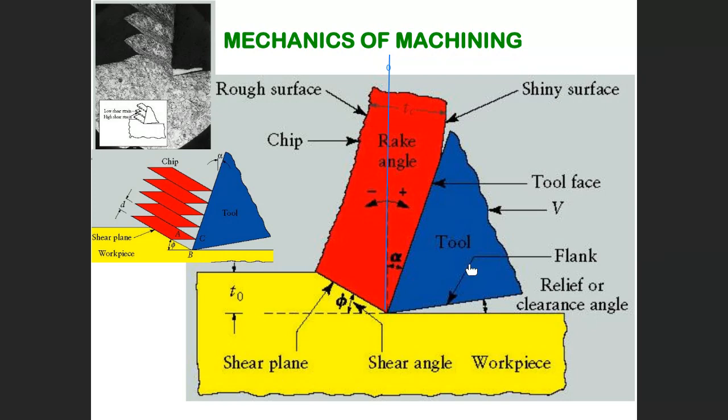This is the tool, the blue here is the tool. This we call the relief angle or clearance angle. This clearance angle is important to keep the tool away from the machined surface. This is the machined surface. This is a chip. Can you see that? Let me highlight.